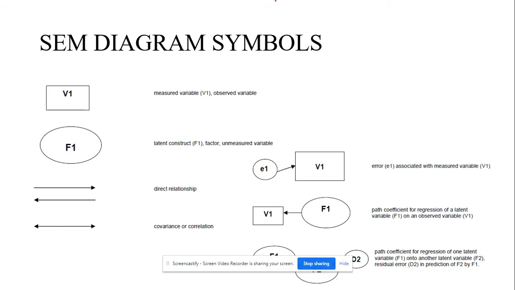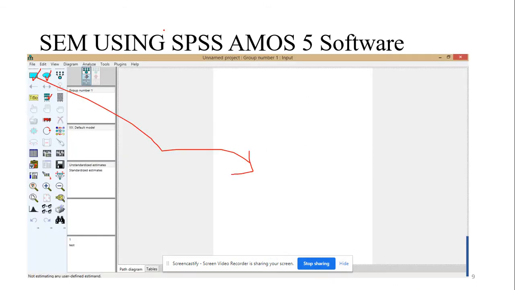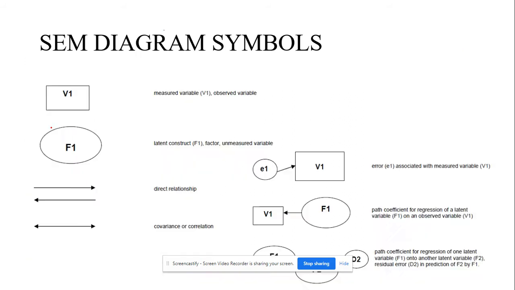There are some symbols here, similar to what I explained earlier. What do these symbols mean? When you see a rectangle, it is a measured or observed variable. When you see an oval shape, it is an unmeasured or latent construct or factor.